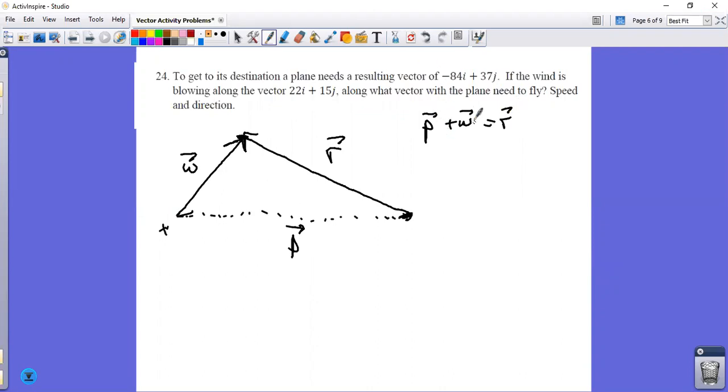Well, we know the resulting when we know the wind. They want to know what's the plane. So you do the resulting minus the wind, or add the opposite of the wind.